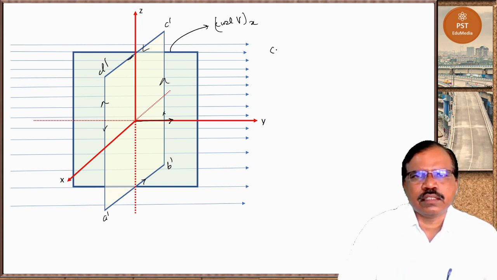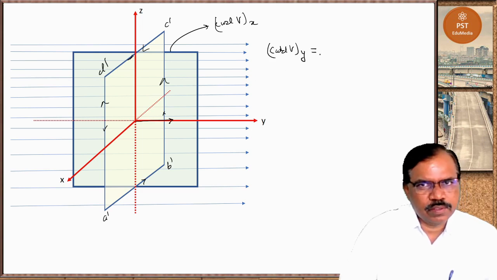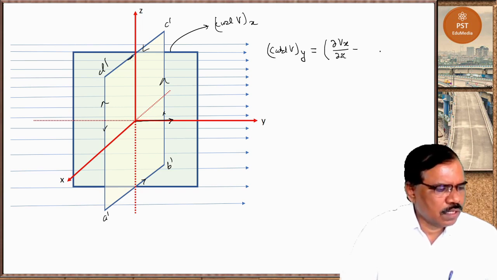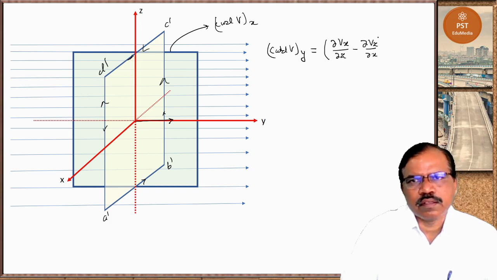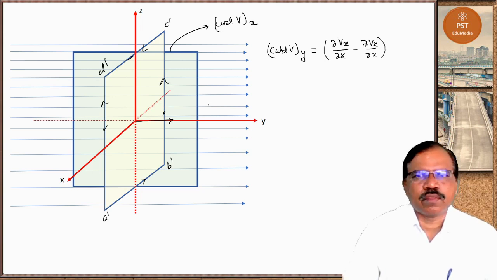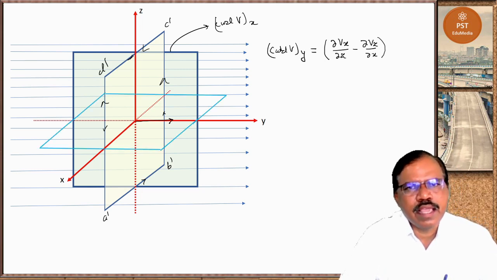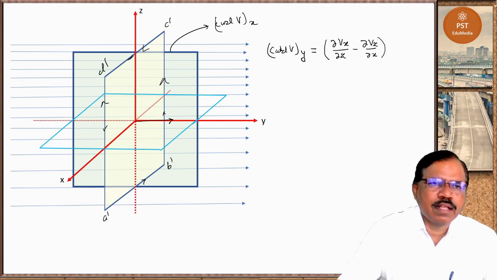So you will get curl V along the y-axis by taking the line integral, and that one will come out to be ∂Vx/∂z minus ∂Vz/∂x.